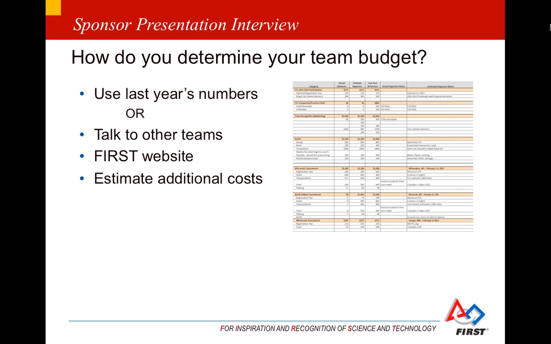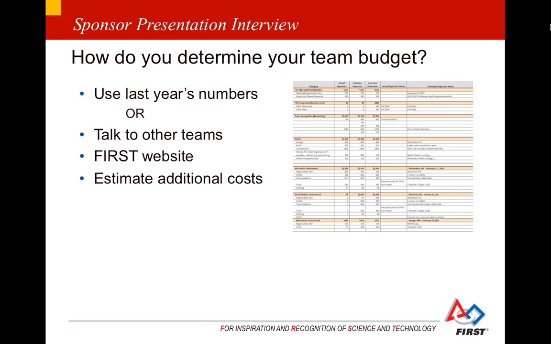So when your team's starting out, how do you determine your team budget for the year? Since we are a fourth-year team, usually what we do now is we use last year's numbers. So we take what we spend on gas and hotels and everything from last year and estimate that for this year.